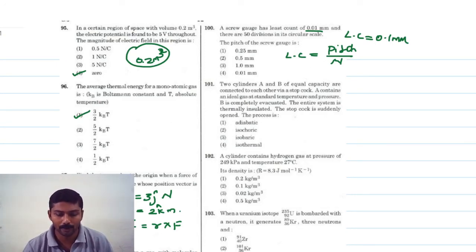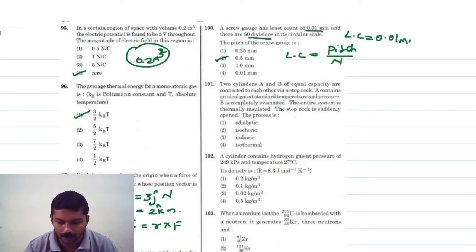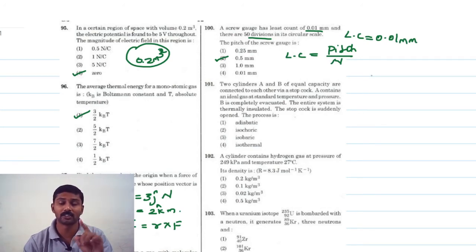When least count is 0.1 multiplied by 50, where 50 is the total number of divisions which is given, the pitch of the screw gauge is 0.01 millimeter. Least count is 0.01 millimeter, and for the vernier calipers it is 0.1 millimeter. Okay, I've written the first case for vernier calipers, but the question was screw gauge: 0.01 millimeter multiplied with the total number of divisions, 50, which will give you 0.5 millimeter.